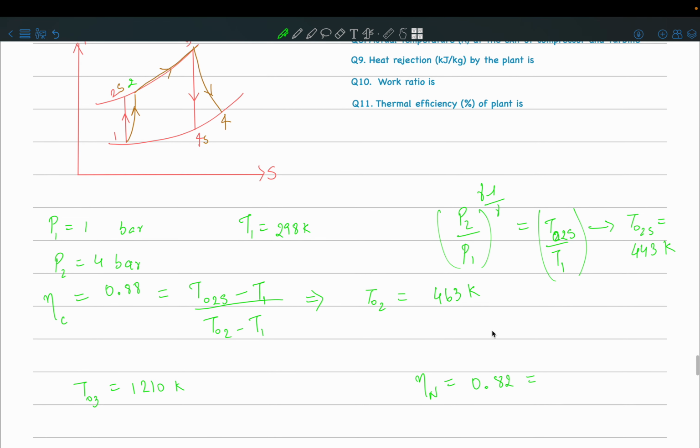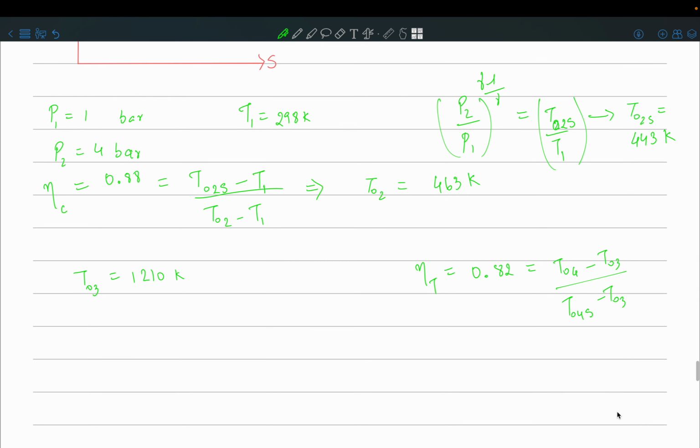Sorry. Yeah, T03 minus T04 divided by T03 minus T04S. Oh, it should be upward, but that's fine.